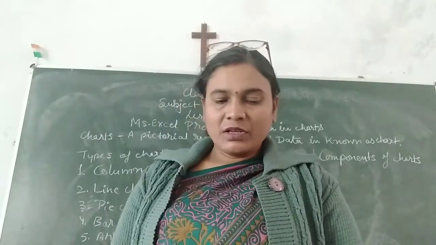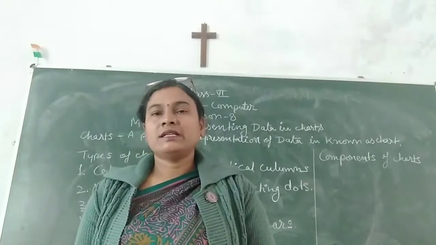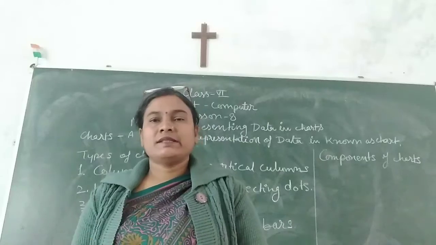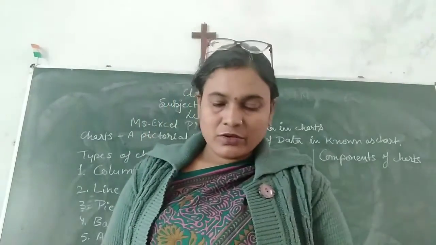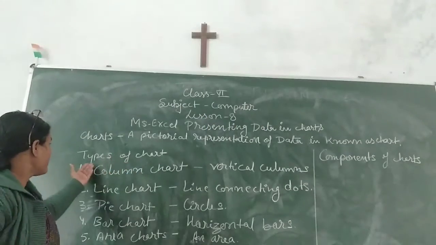So a chart has many elements like legend, series, data series, titles, axes, etc. So let's see how many types of chart there are?